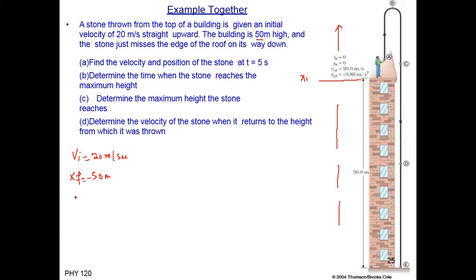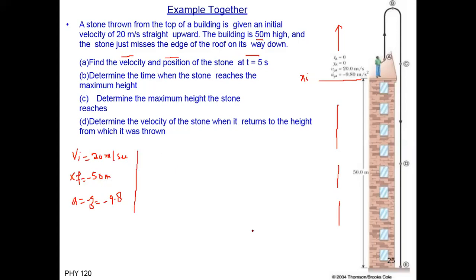Again, we know that a is equal to minus g, or minus 9.8 meters per second squared. First, find the velocity and position after 5 seconds. We don't know the final velocity after 5 seconds, but the initial is given. How can we solve this?